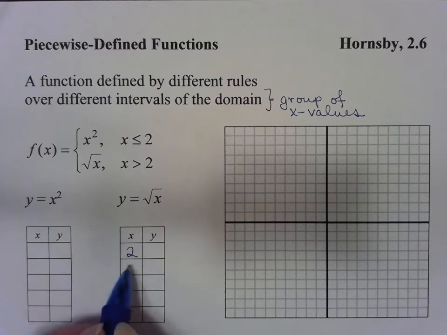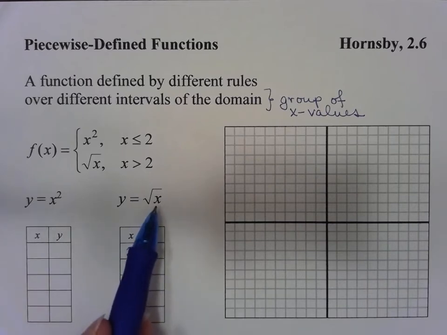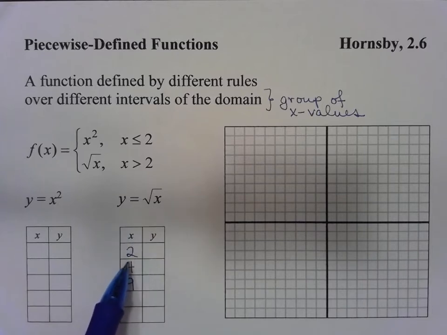So this is 2 and up, so I could do 2, 4 would be really nice to look at because it's the square root. You could do 3, 4, 5, 6 if you wanted to, but if you want to make some nice numbers, 9 would be a good one because it's a perfect square. Why don't we stick with those 3 for the moment? Obviously 2 is not a perfect square, but it is the beginning of this piece of the function.